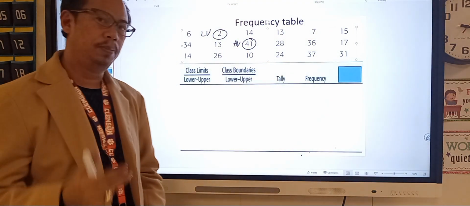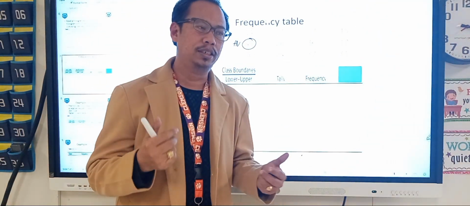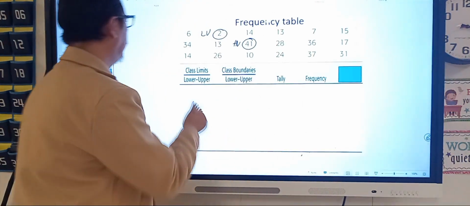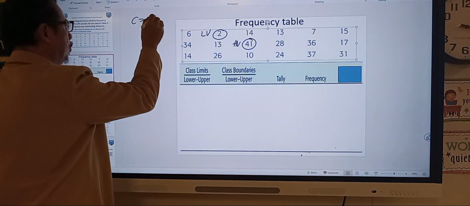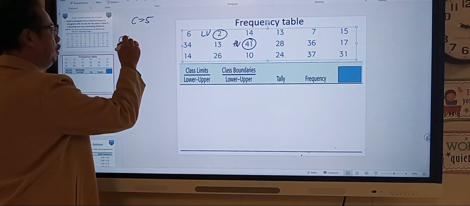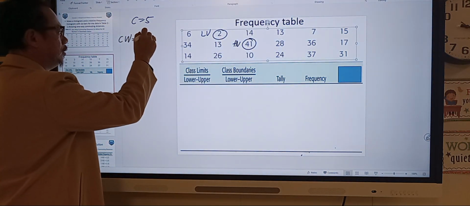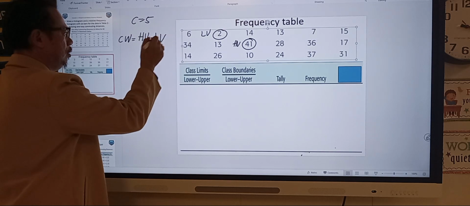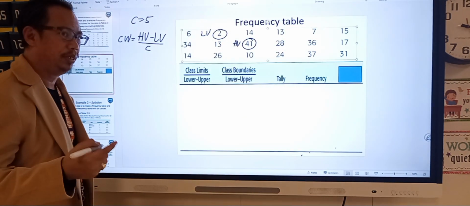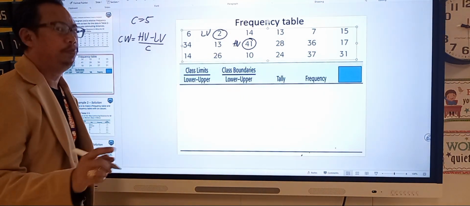After getting the highest value and the lowest value, we compute the class width. By the way, our C here will be 5. So what we do now is we compute CW is equal to the highest value minus the lowest value divided by the C. After you got your formula, you plug in.